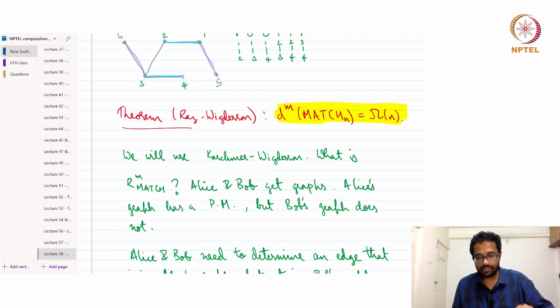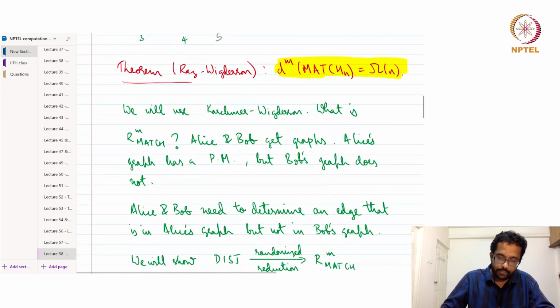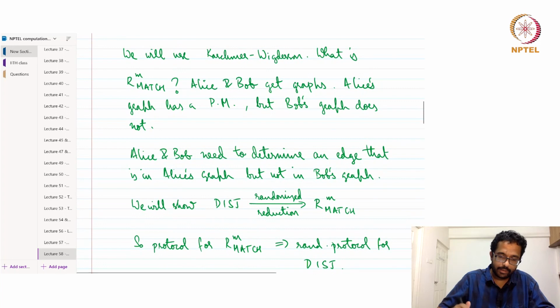Here we are saying that if we restrict the circuit to a monotone circuit, which is deterministic, then the circuit has to be of linear depth. This is proved via the Karchmer-Wigderson relation.